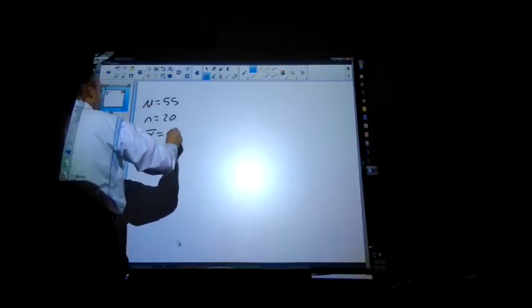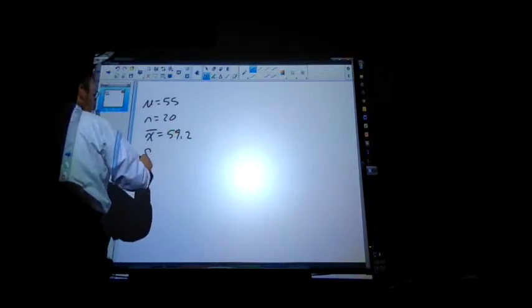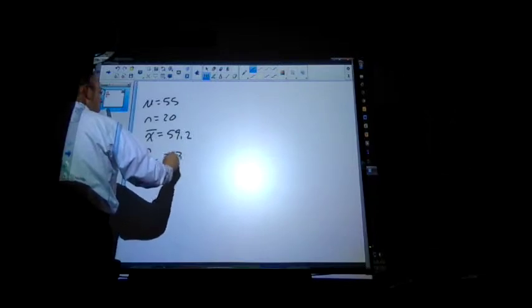And then we have a sample of 20 people, and we found that taking this new drug of this sample of 20 people, the new average was 59.2, and then we found the standard deviation of our sample being 3.4.